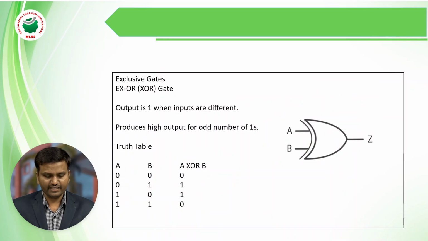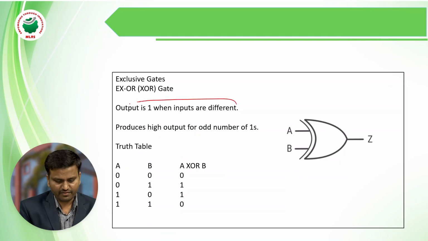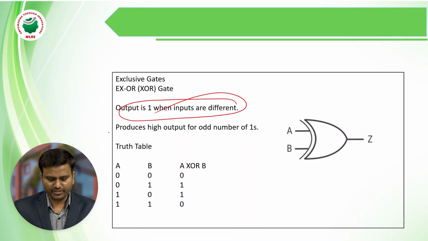And the exclusive gate, the XOR gate. Output is 1 when the inputs are different. Should be A is 0 and B is 1, then it will become 1. Otherwise, when one input is 1 and the other is 0, it will become 1.